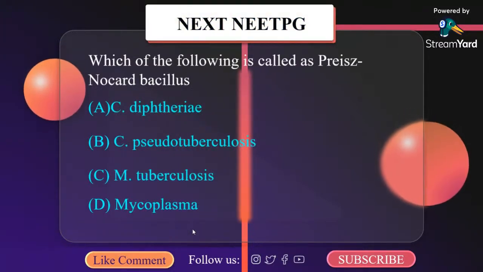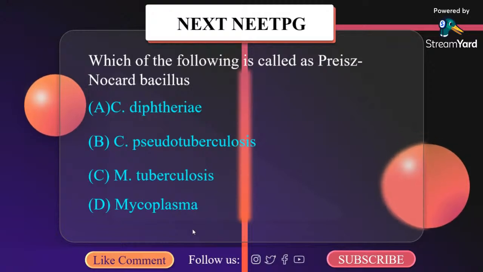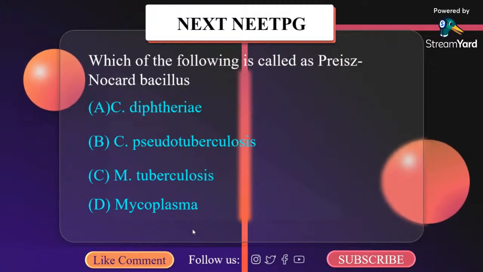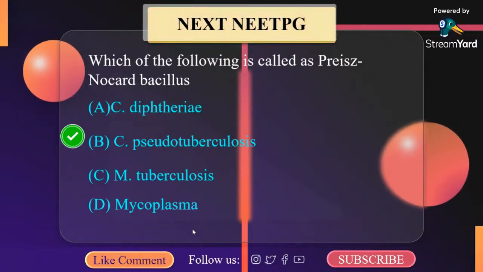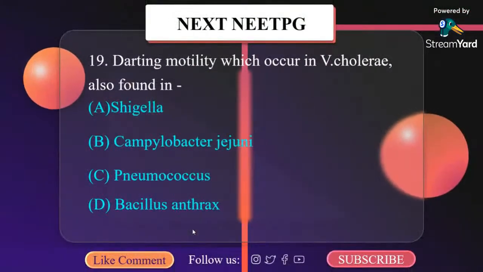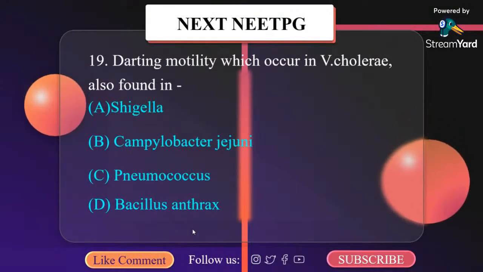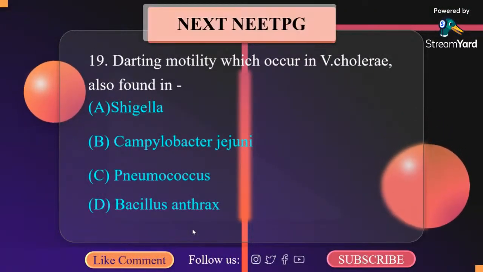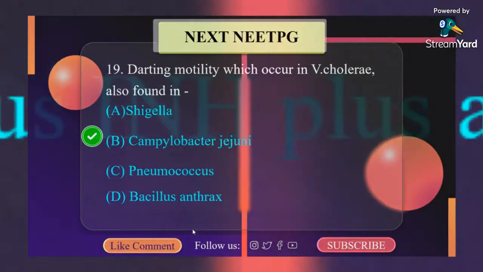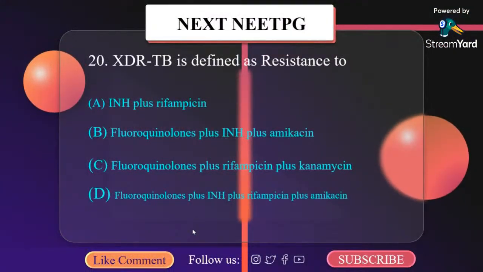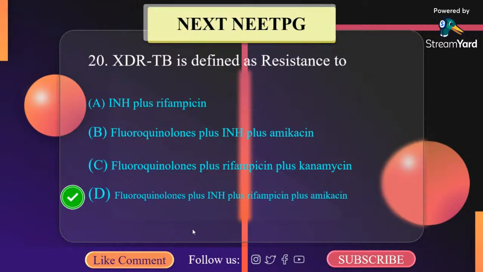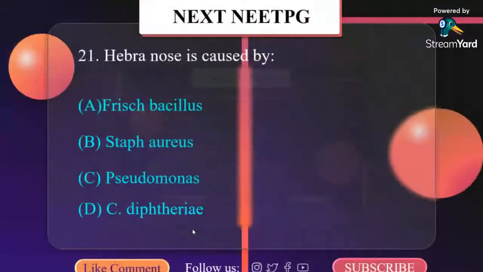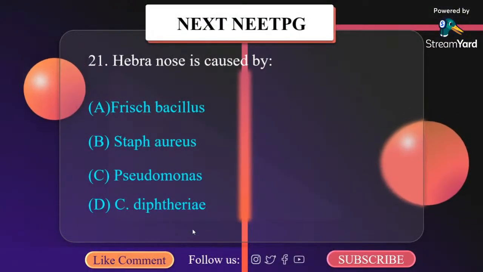Which of the following is called Preisz-Nocard bacillus? It is Corynebacterium pseudotuberculosis. Darting motility occurs in Vibrio cholerae, and is also found in Campylobacter jejuni. XDR-TB is defined as resistance to fluoroquinolones plus isoniazid plus rifampicin plus an injectable agent. Hansen's disease is caused by leprosy bacillus.